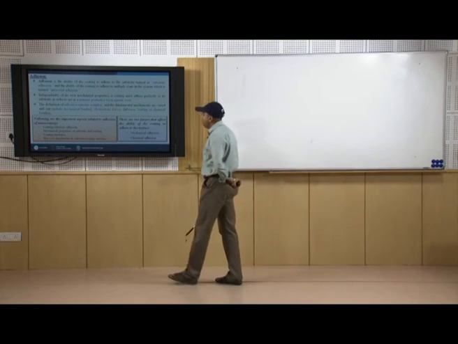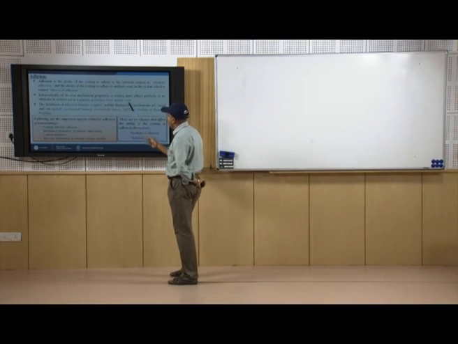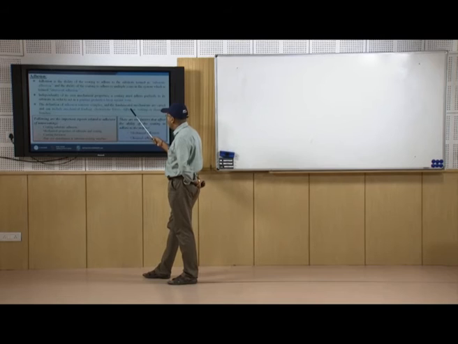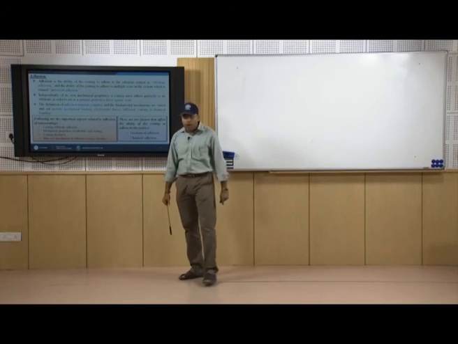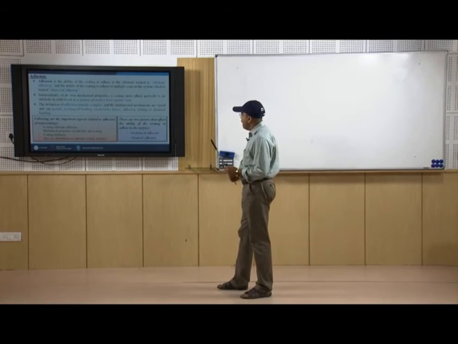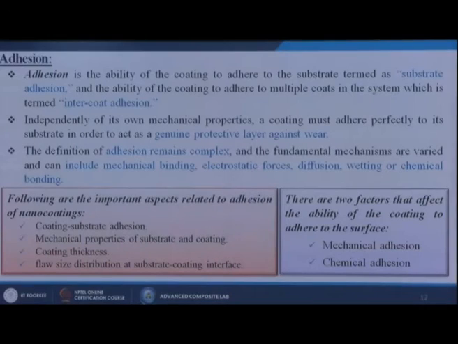So, the definition of adhesion remains complex and the fundamental mechanisms are varied and can include mechanical binding, electrostatic forces, diffusion, wetting or chemical bonding. So, these are the main adhesion properties for which we can measure this kind of testing.